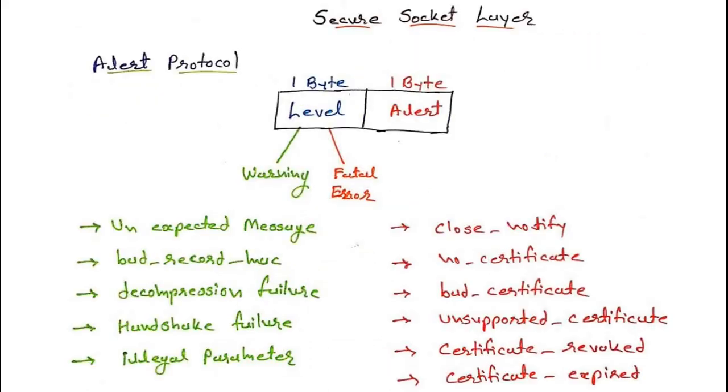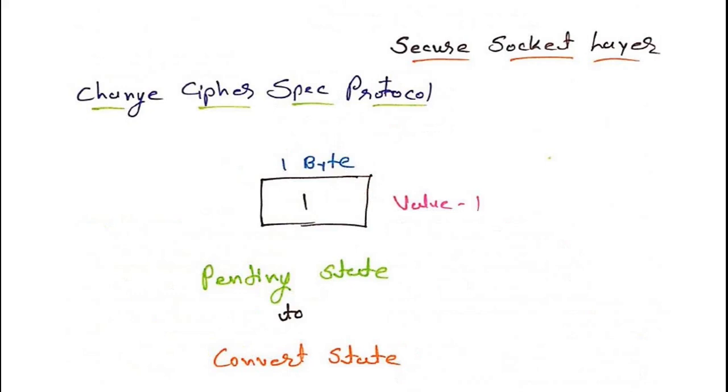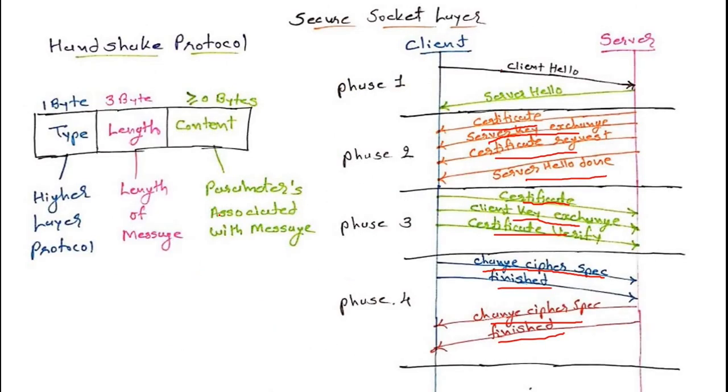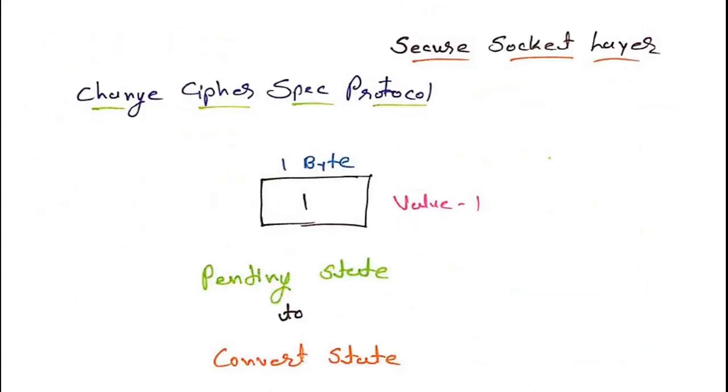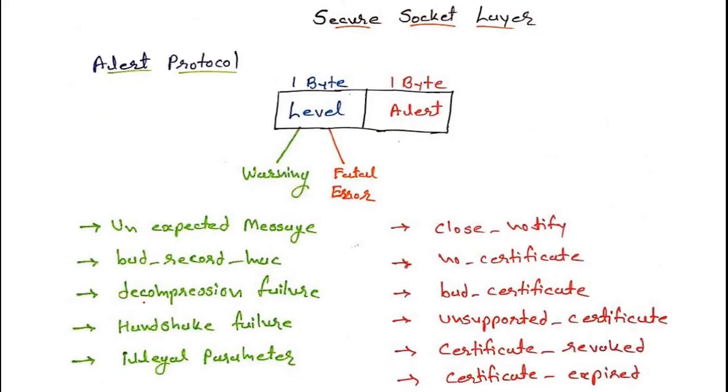Up to the working of the previous protocol, the handshake protocol, data is forwarded to the next higher level. Till this moment the data state is pending, so now it will change the state from pending to current. That is the responsibility of the change cipher spec protocol, and it uses 1 byte with value 1.